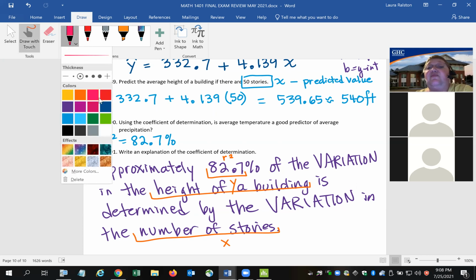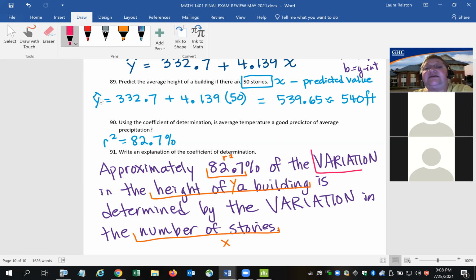And if you do not write the word variation, which Miss Ralston has capitalized, which means it's an important word, it is wrong. It's multiple choice, and I know there's one in there that doesn't have the word variation. You have to choose the one with the word variation in it. It's written that way every time: approximately R squared percent of the variation in the Y variable is determined by the variation in the X variable. Every time, all the time.